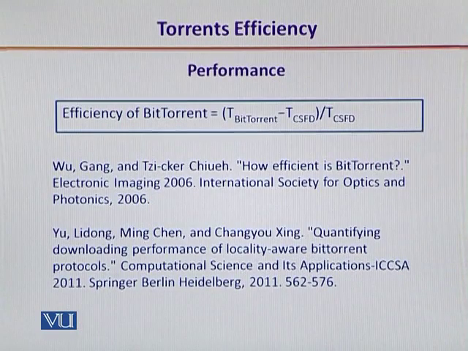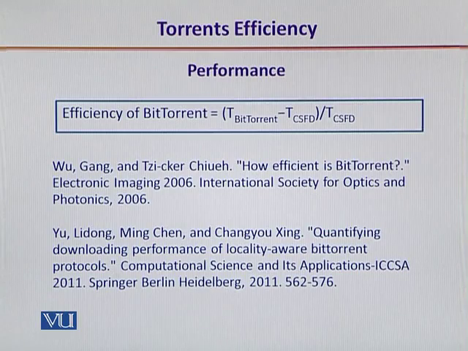In order to compare the torrent efficiency, we have to look at the total opposite of it, that is, the centrally scheduled file distribution system. This has been widely investigated by two widely read and highly cited papers. One is by Gang Wu, How Efficient is BitTorrent?